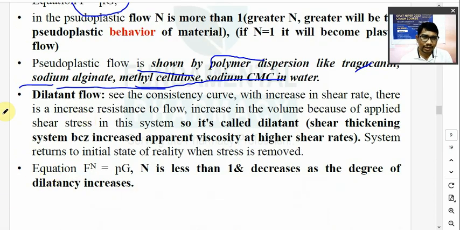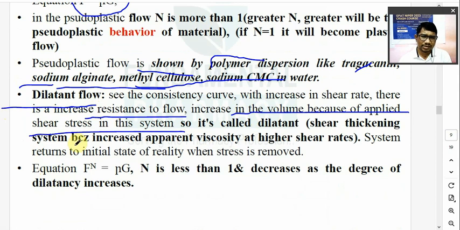Now dilatant flow, again we have seen the consistency curve. With increase in the shear rate, there is an increase in the resistance to flow. If you increase the shear on the material showing dilatancy, there is an increase in the volume because of the applied shear stress in this system.